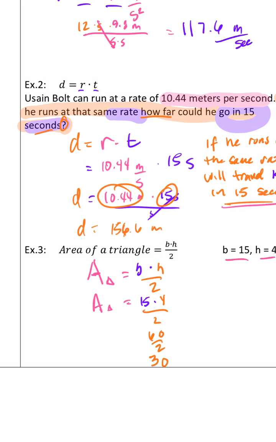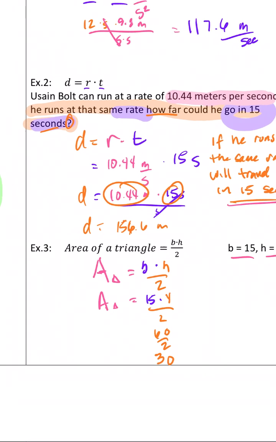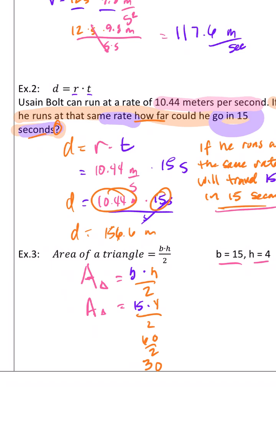Now, remember, we didn't put units here, but no matter what, it's going to be units squared. So if this was inches and this was inches, we'd say 30 inches squared. Area is always going to be in square units. So it's 30 inches squared. That's how you do that.